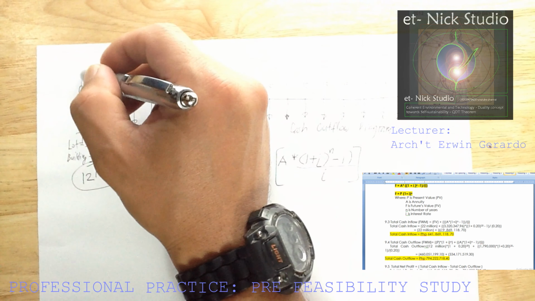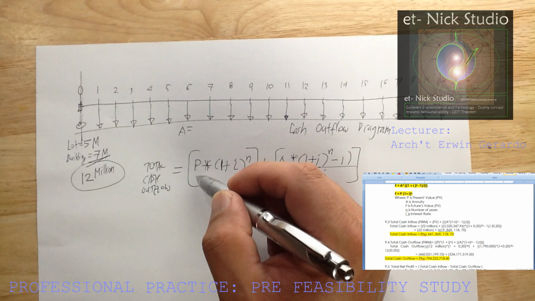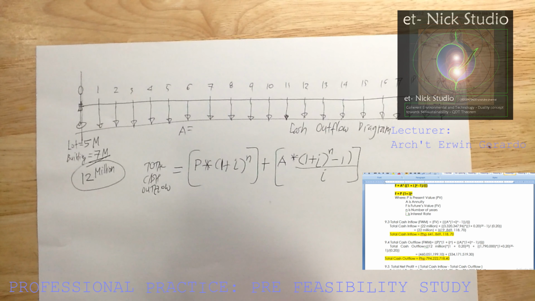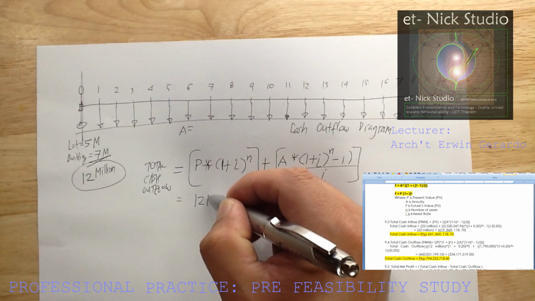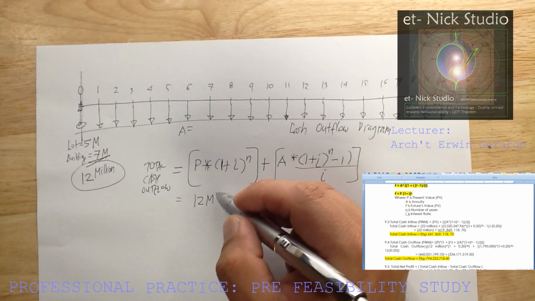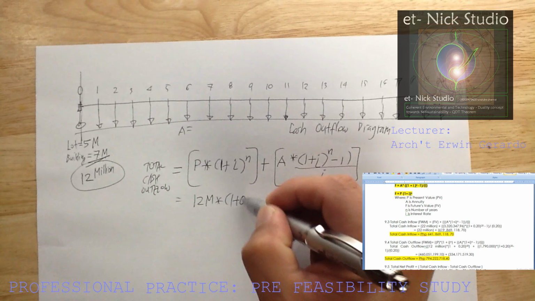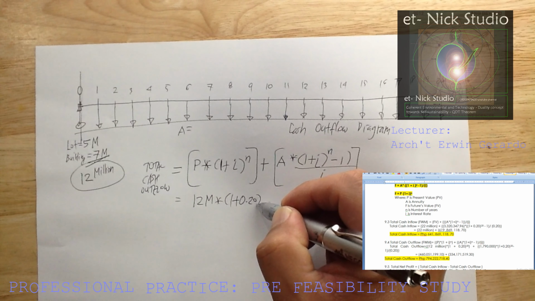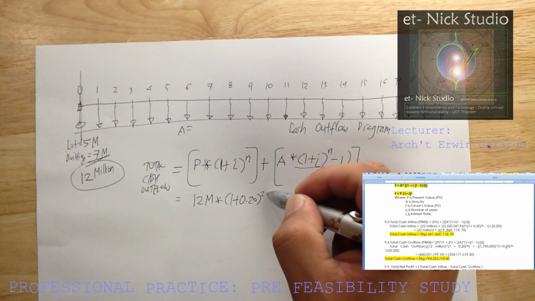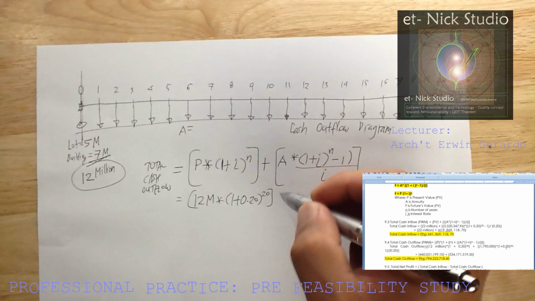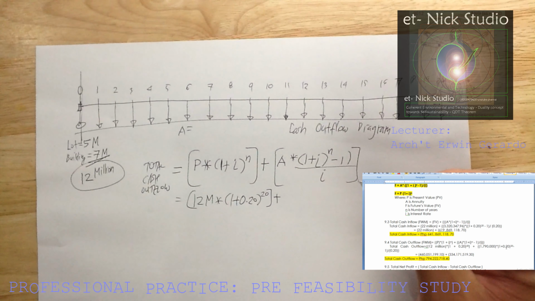Now take note that the first formula presented here is how much is the present value of the investment, which is 12 million, times 1 plus the interest, which is equivalent to 0.20 raised over the number of years, which is 20 years.